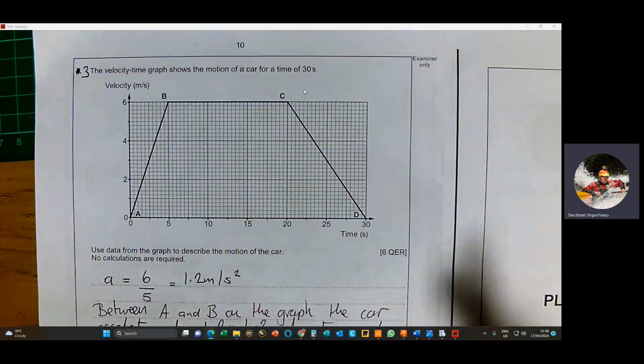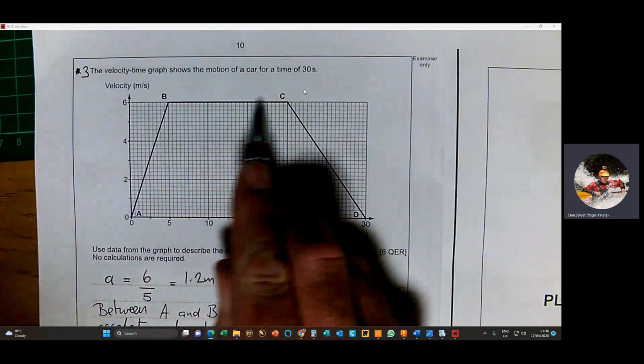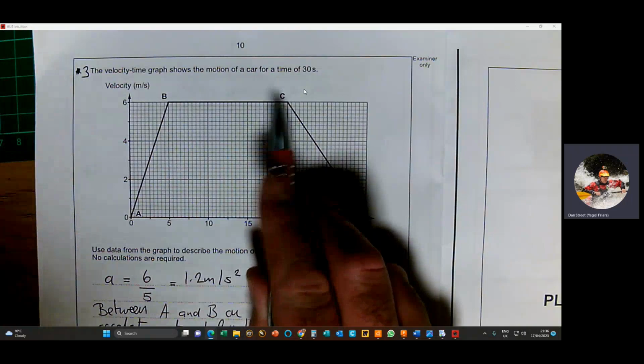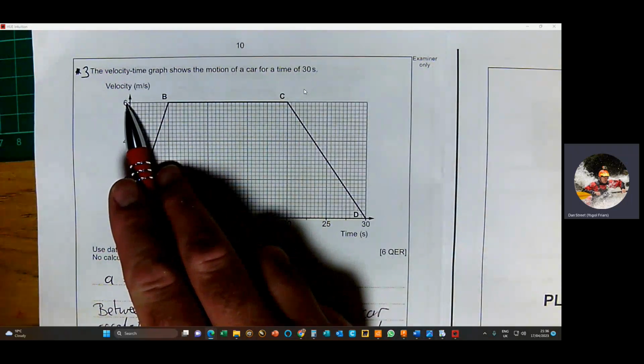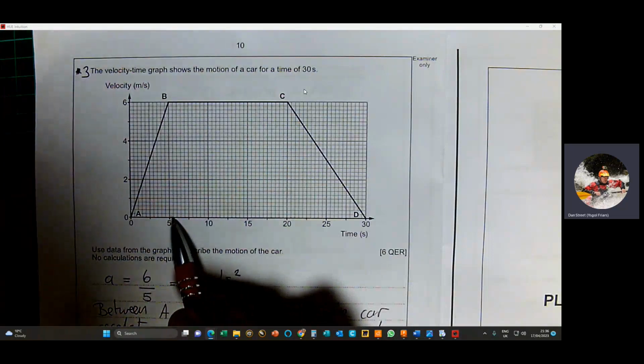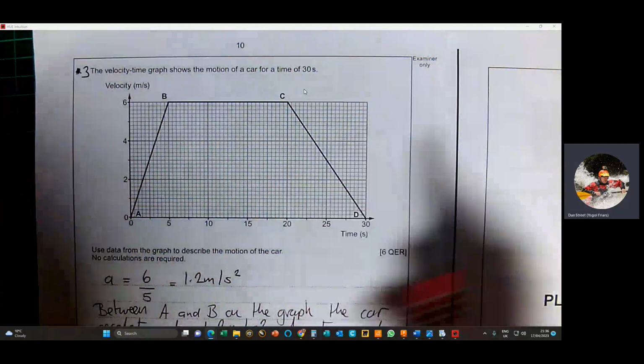Now, between B and C, we can see that the velocity remains constant. So it neither accelerates nor decelerates. The vehicle travels at 6 meters per second between 5 and 20 seconds.